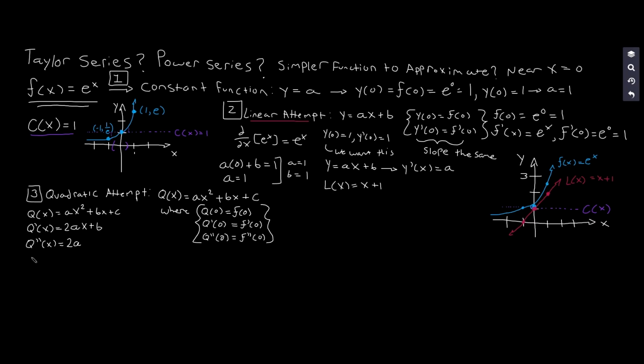maybe I should leave a bit of room. We're going to work this way. So then we have q of 0. Q of 0 equals f of 0, and this is going to equal 1.